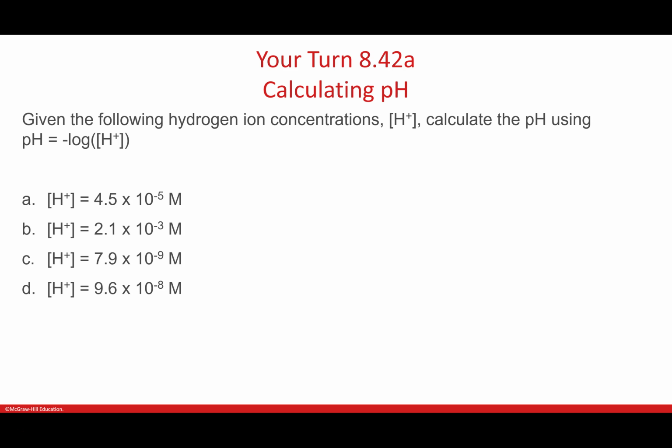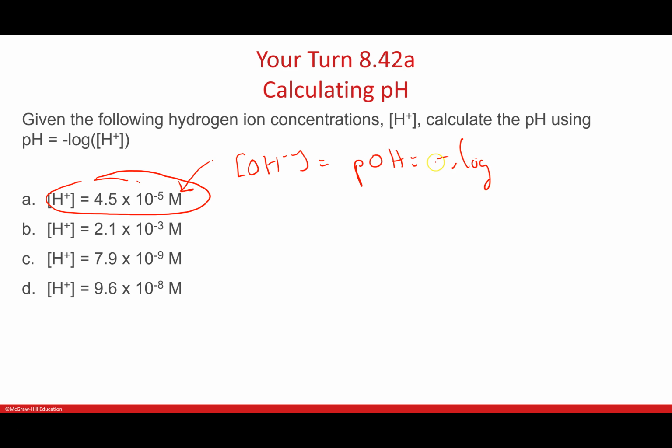If that was the OH minus concentration, to get the pOH, all you would do is take the negative log of 4.5 times 10 to the negative 5th. That would be your pOH, if that was the hydroxide ion concentration.